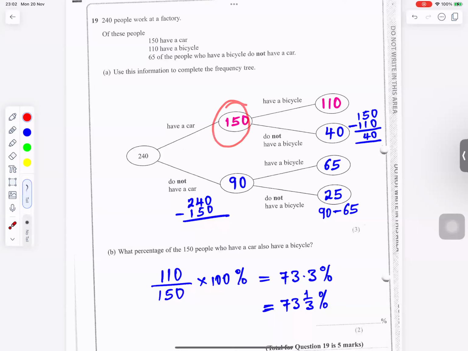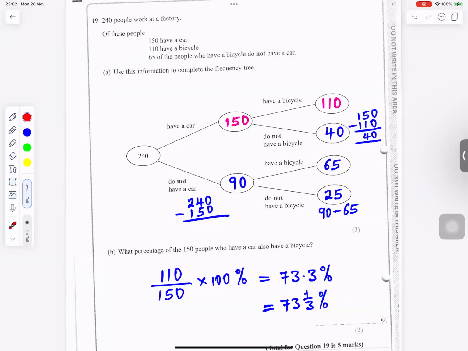Out of the 150 people, 110 have a bicycle. So 150 minus 110 is 40. 40 do not have a bicycle. 65 of the people do not have a car. So 90 minus 65 gives you 25.